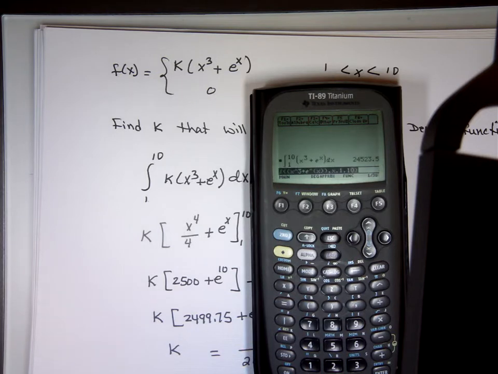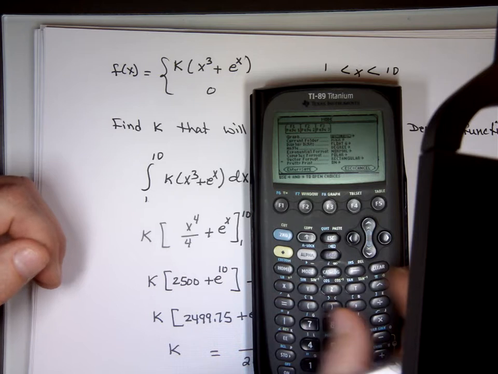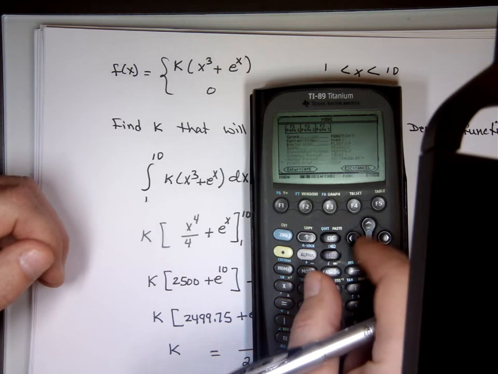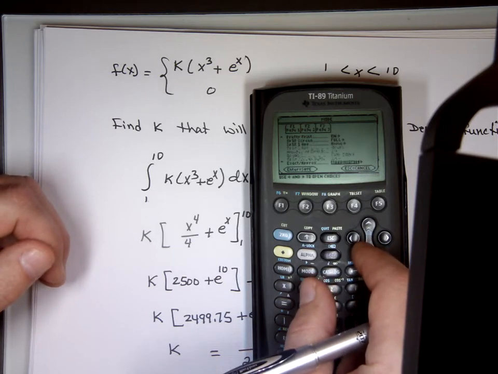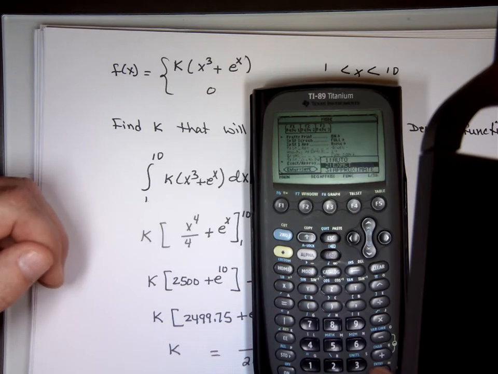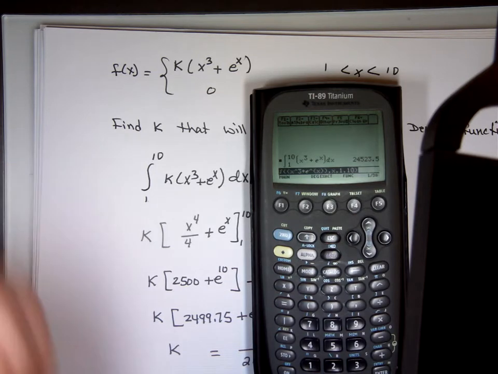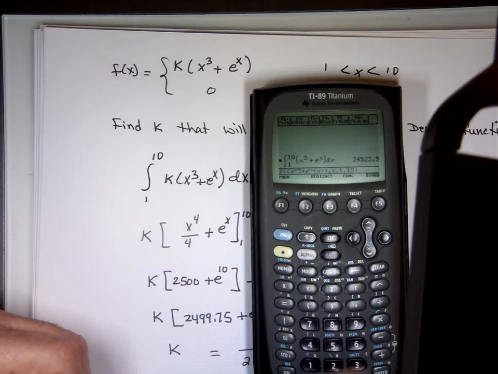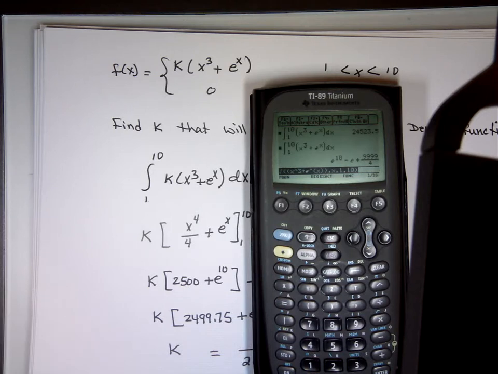The integral from 1 to 10 of x to the third plus e to the x equals 24523.5. If you go exact there, mode, and you want to see the answer we came up with, redo the problem. E to the 10 minus e plus 9999 divided by 4.